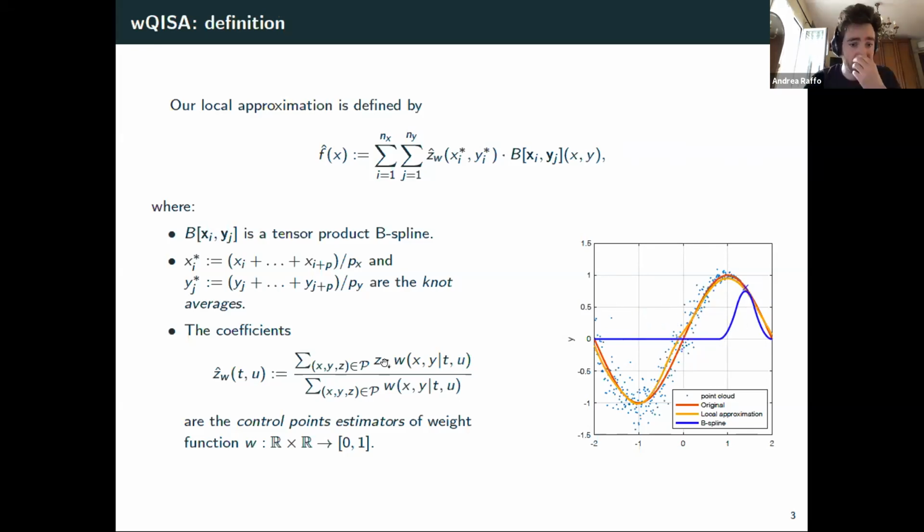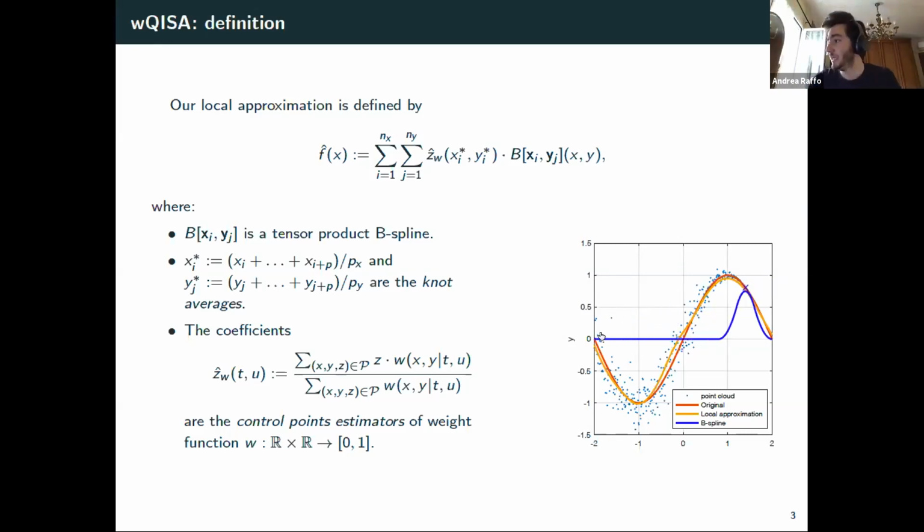In order to have a much clearer picture of what's going on, I suggest to focus your attention on the picture on the right. So we have an input point cloud in light blue, which has been obtained by sampling the red function and by adding some Gaussian noise.